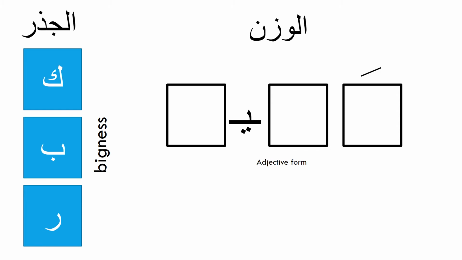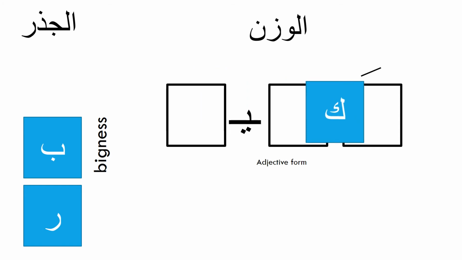Our wazn that we just talked about, our a-e wazn, can be visualized as this template. And we can say that its specific meaning is that it makes adjectives, right? Kabir, صغير, قصير, طويل, all these things are adjectives. So let's combine the two.